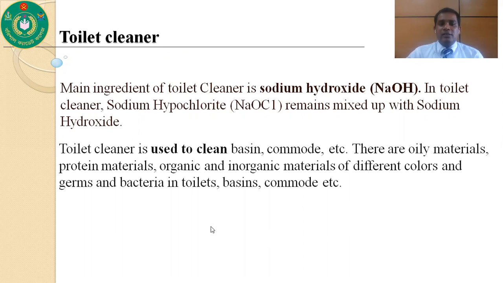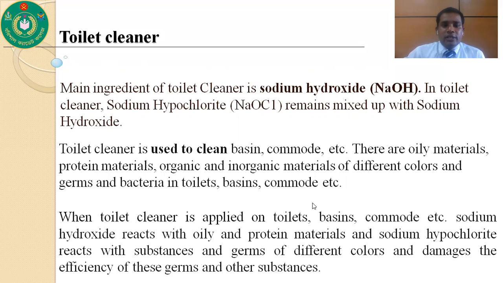There are oily materials, protein materials, organic and inorganic materials of different colors, and germs and bacteria in toilets, basins and commodes. So when toilet cleaner is applied on toilets, basins, commodes, etc., sodium hydroxide reacts with oily or protein substances.